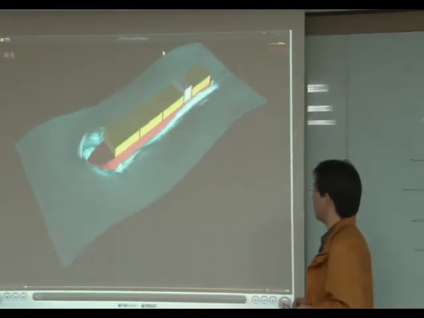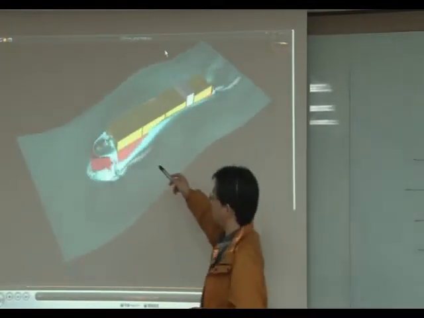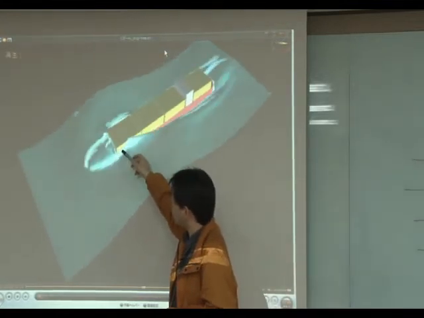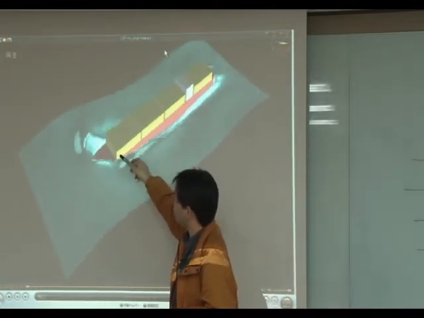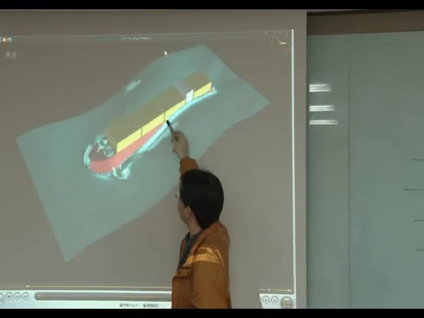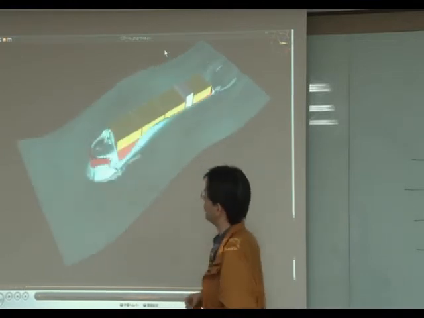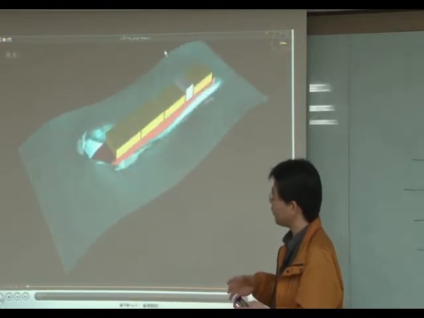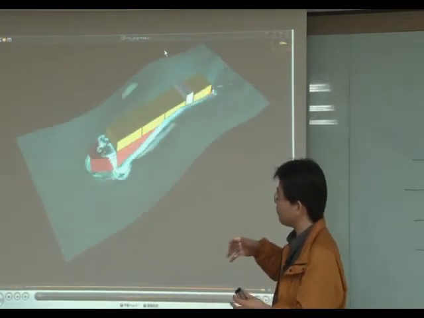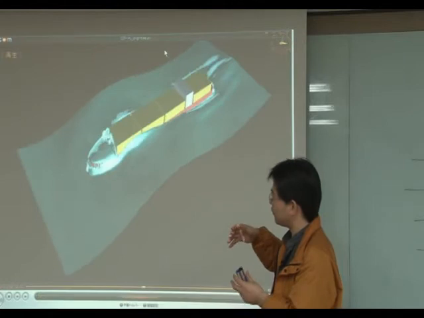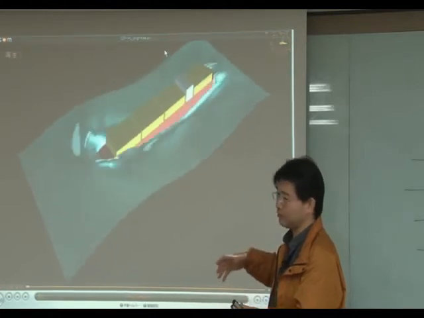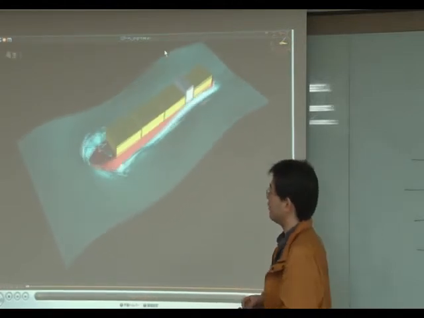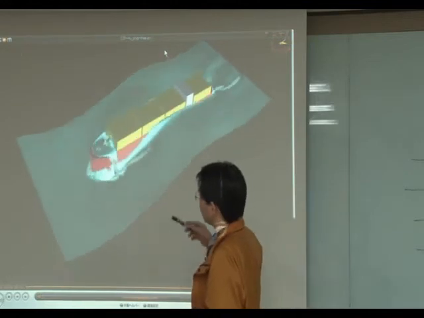So, although this shows very sharp edges of the ship image, the image is provided only by superposing the geometry of the ship in the visualization.